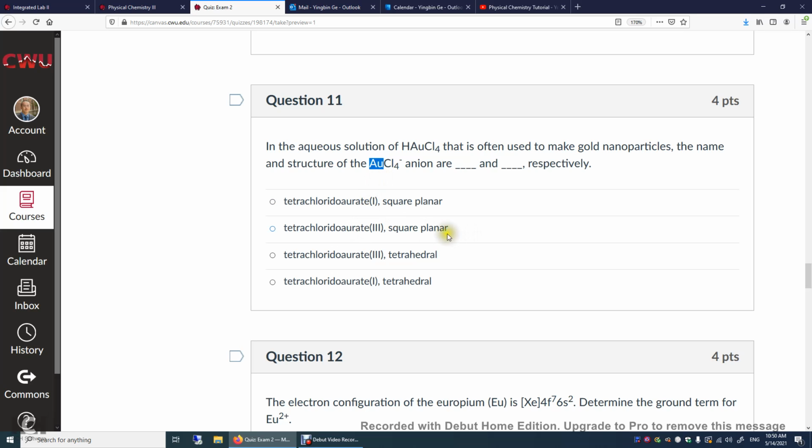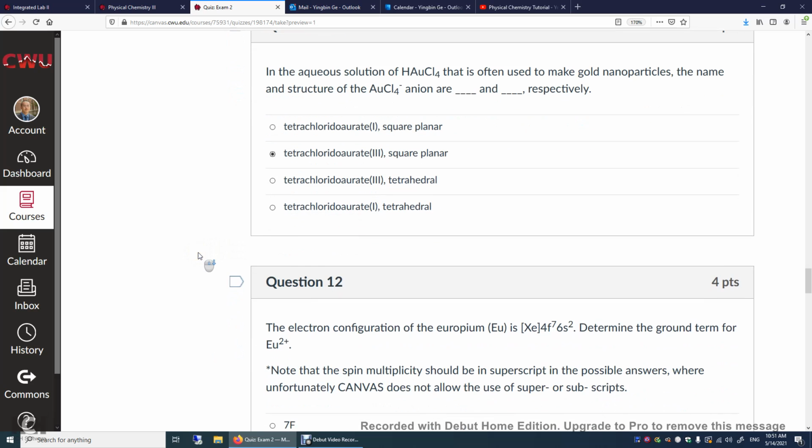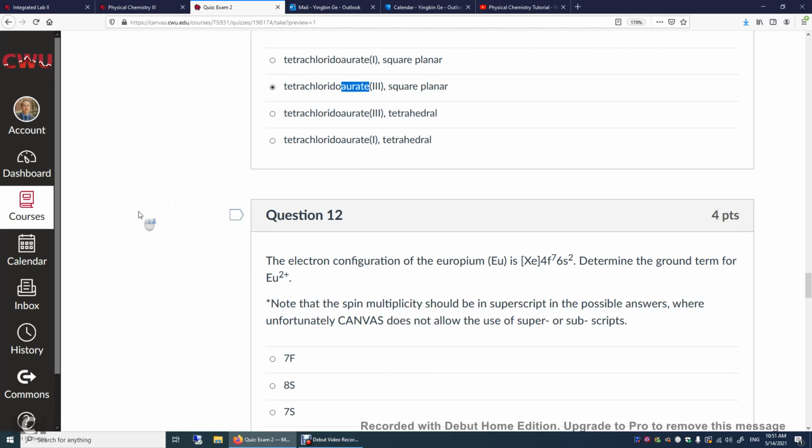So in this case, we'll just choose this tetrachloroaurate(III) with a square planar structure. By the way, it's pretty easy to calculate the oxidation number here. Each chloride bears a negative charge, so this aurate or gold has an oxidation number of 3. It's named aurate because this is an anionic complex with a negative charge.